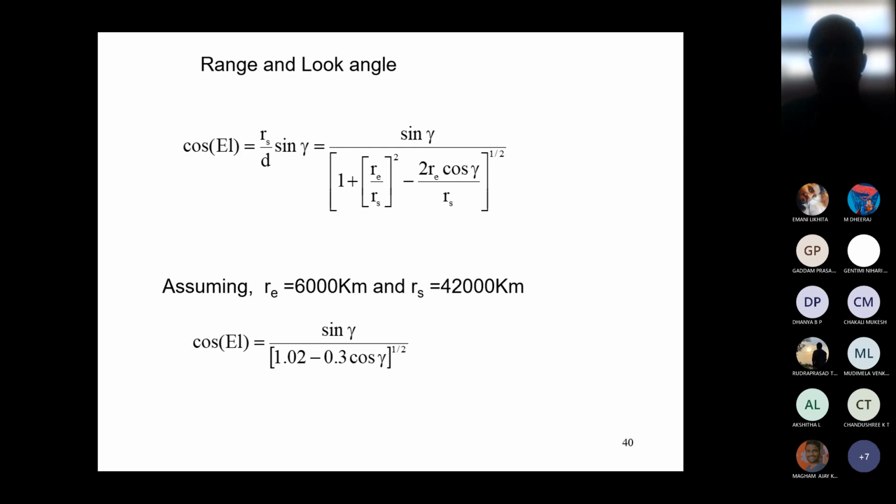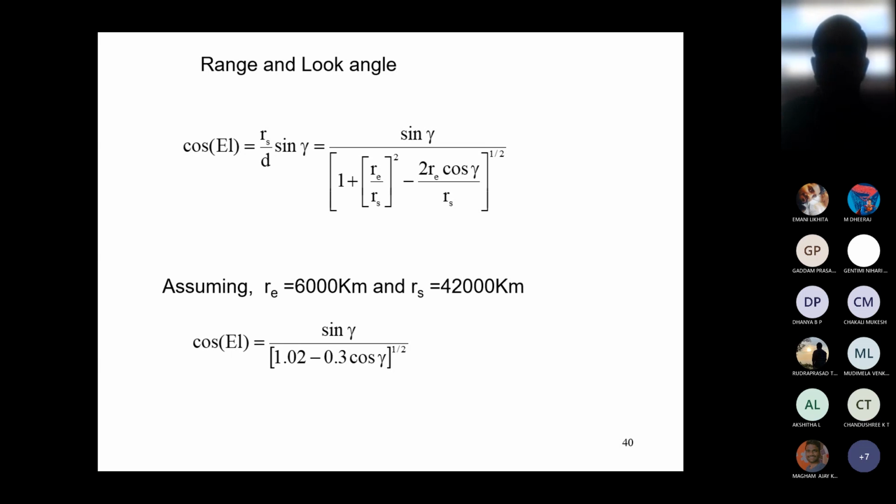Then we said that if we can find the value of gamma, then the cos elevation will be known to us, and from that we can find the distance between the Earth station and the satellite. The elevation angle is the main clue in finding the distance or range of the satellite.